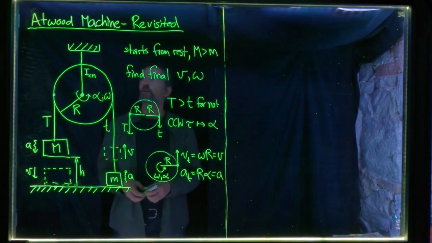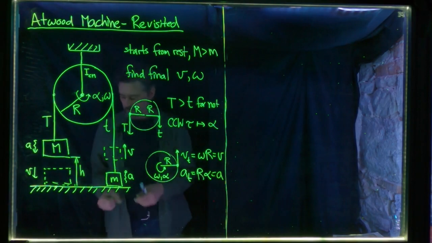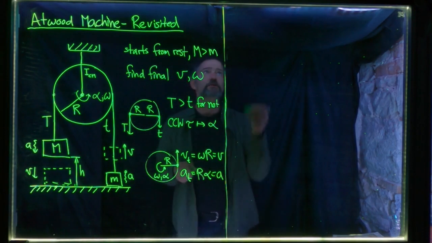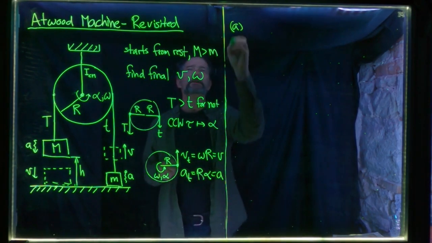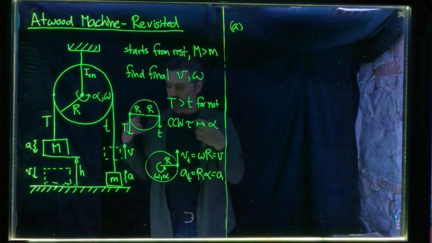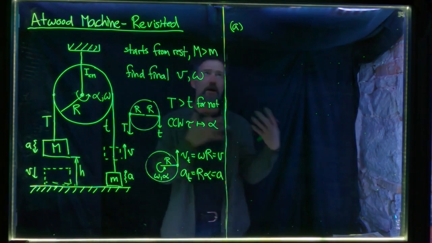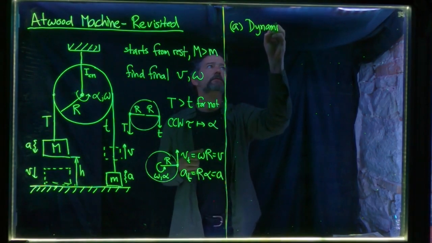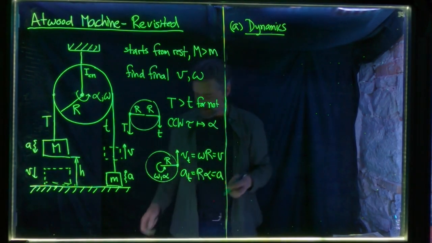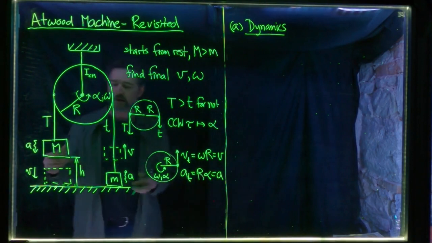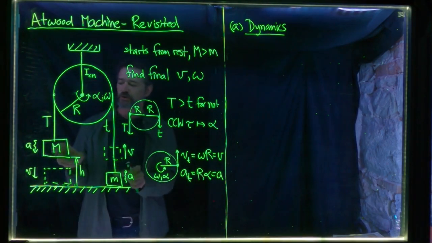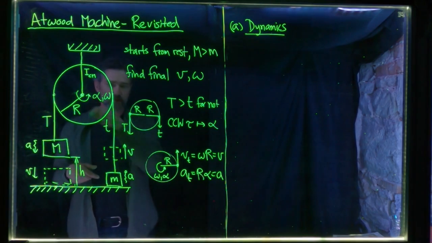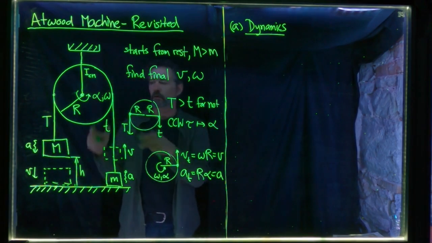Okay, and so now we've already analyzed this machine from the point of view of dynamics. So we already know what the acceleration is, so I'll just remind you. We're going to look at this from the point of view of dynamics, and then energy storage, and then energy transfer, and then power. So the first is dynamics. What we did is we recognized that we have three objects in motion, big M, little m, and ICM. These are two linear motions. This is an angular motion. You draw a free body diagram for all three of those.